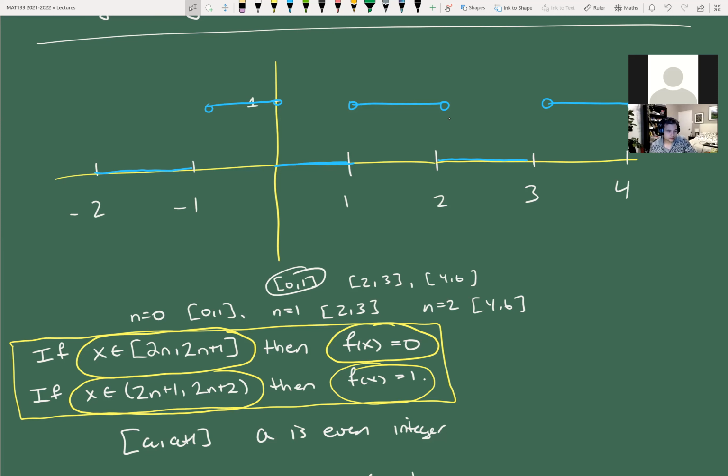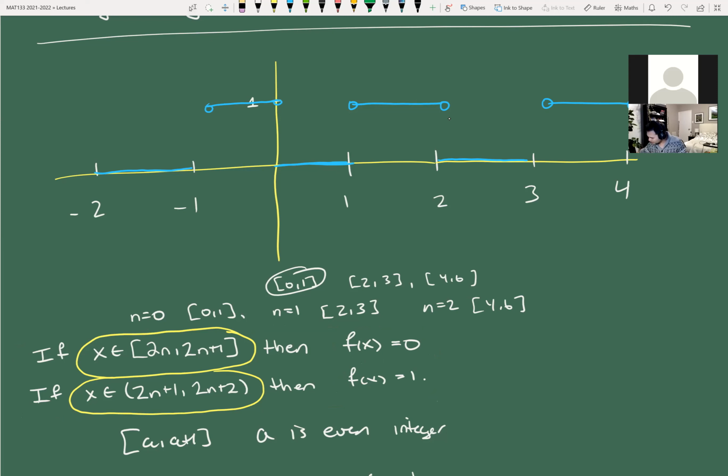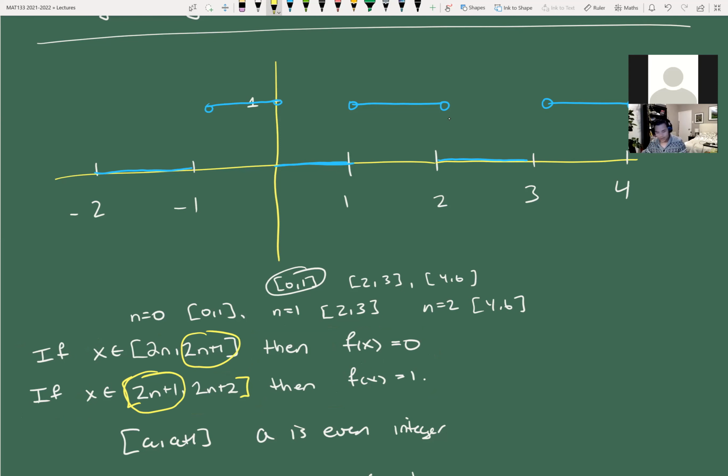Why are the brackets of the two functions different? Sure. They're different because, look, what would go wrong if I made these a square bracket? These numbers could be equal, but you can't be both equal to 0 and 1, right? A function can't take on two different outputs at the same time.